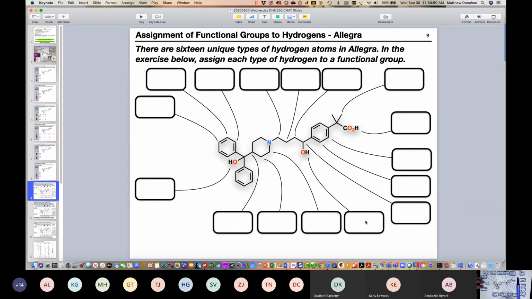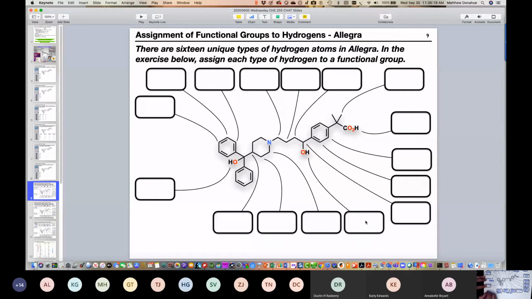So maybe I'll take the purple pen now. I see alkane. Everywhere I see alkane, I'm just going to underline. Alkane, alkane, alkane, alkane, alkane, alkane, alkane, alkane.